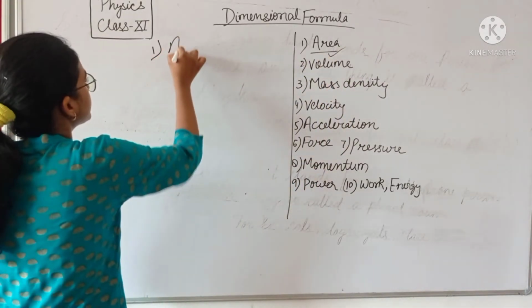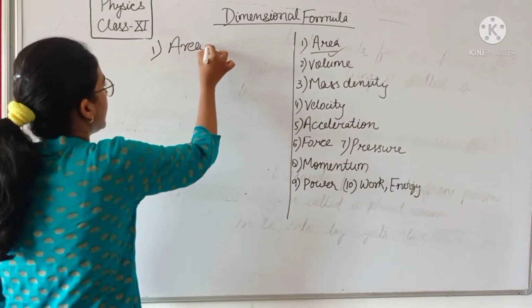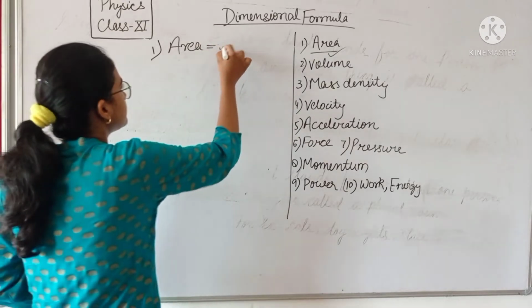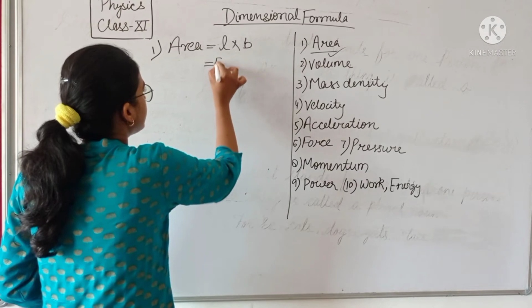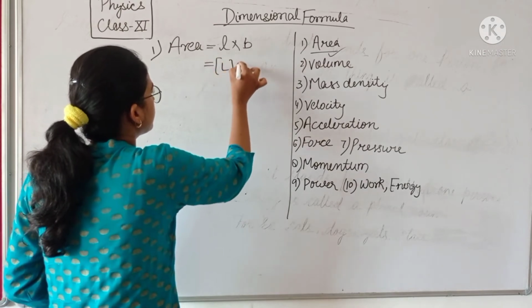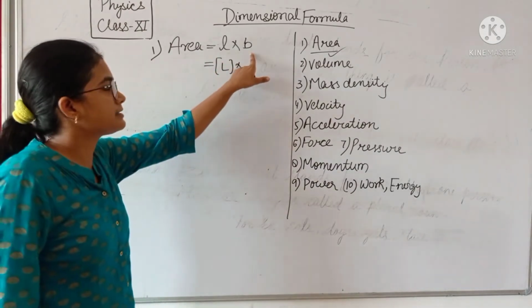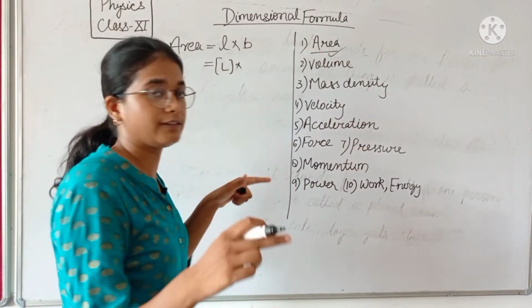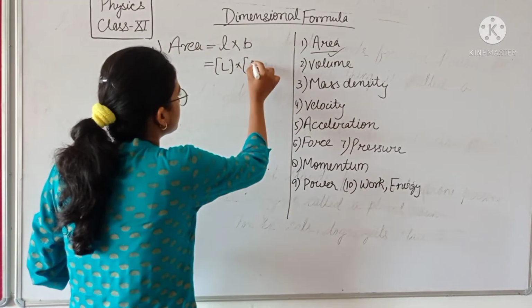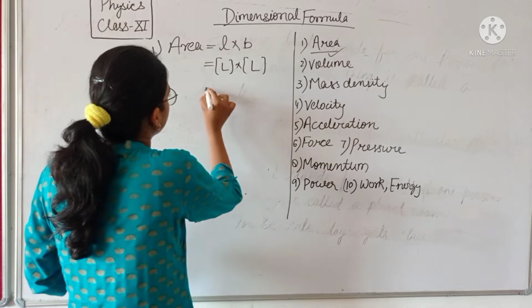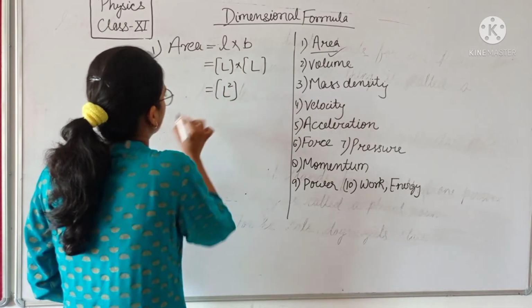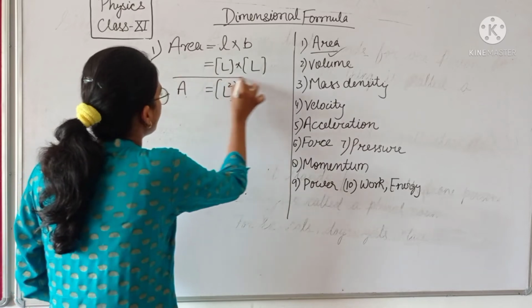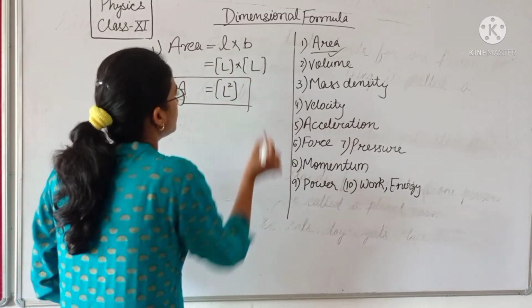The first one is area. We know the formula of area is length into breadth. For length we will write L, and breadth is also a kind of length, so for this also we will write L, and L cross L is L to the power 2, the dimensional formula for area.